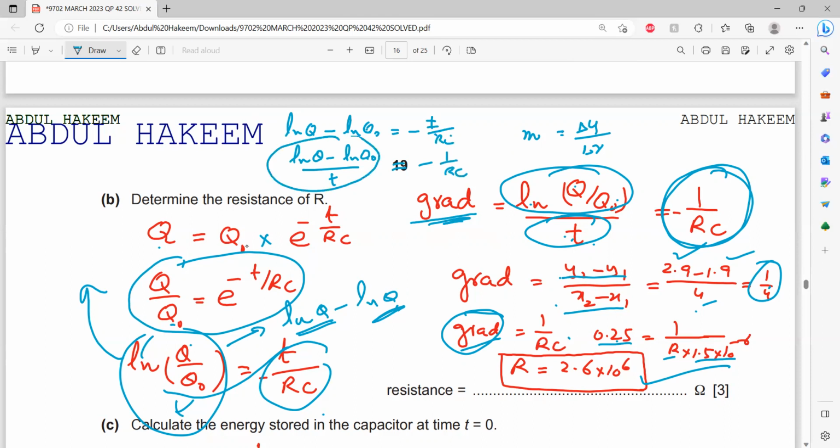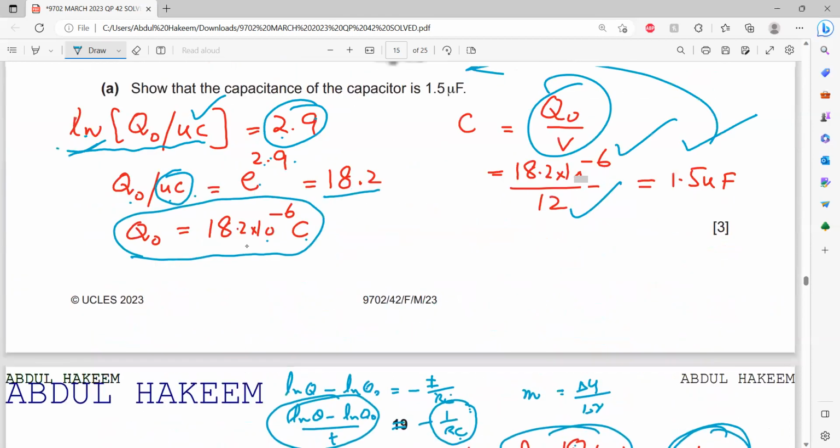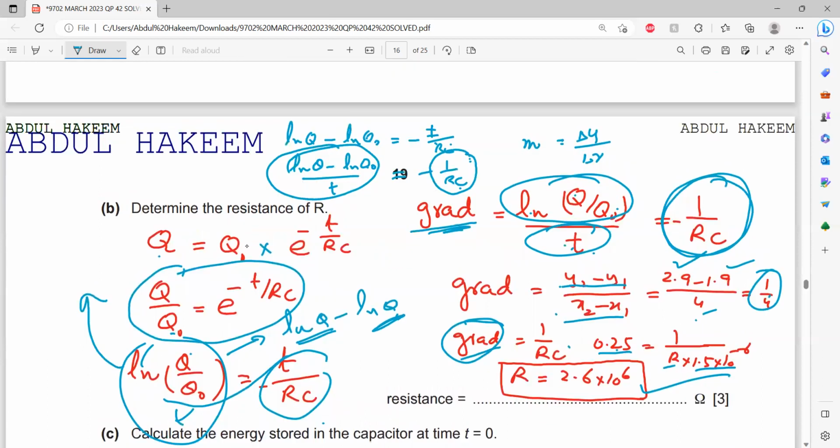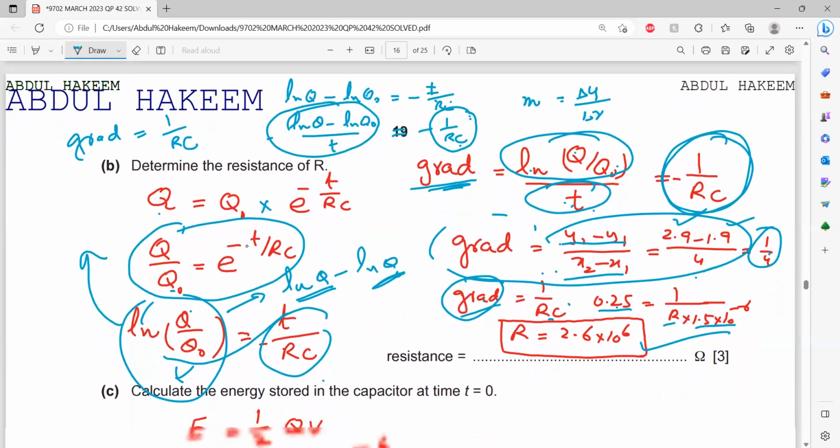This is the gradient. It means the gradient is minus 1 over RC, and the graph's gradient is already negative, so the negatives cancel. So the gradient is just 1 divided by RC. We substitute this gradient after calculating it, and you will get the resistance.